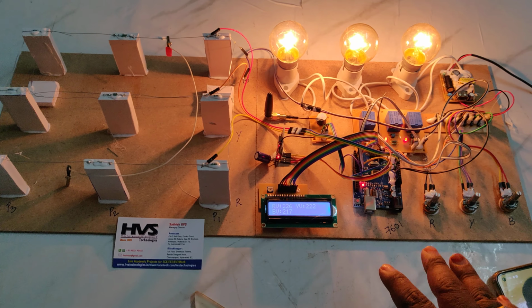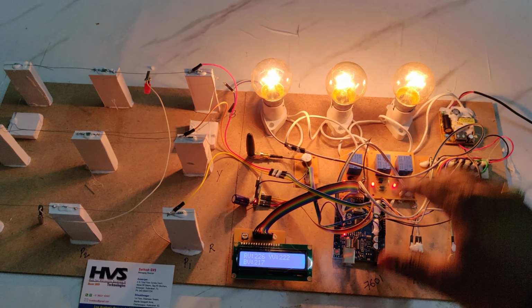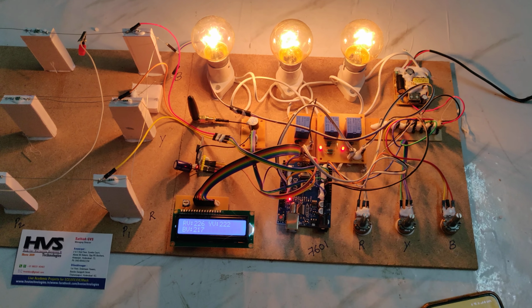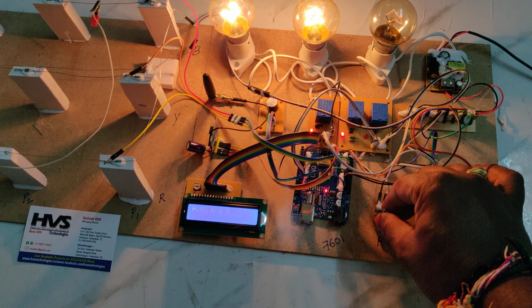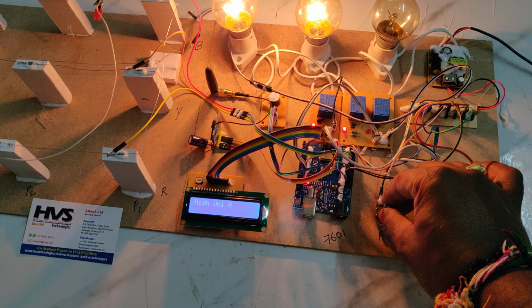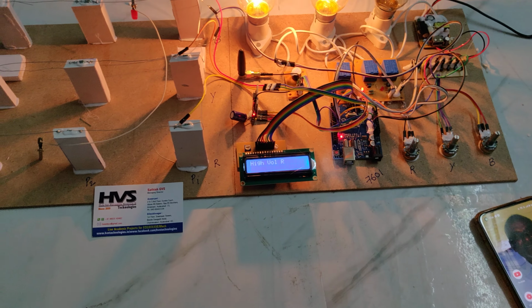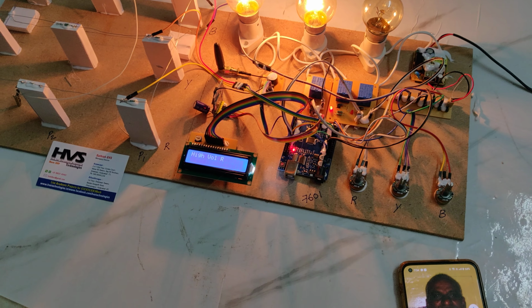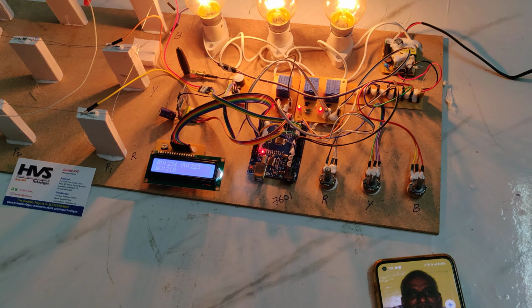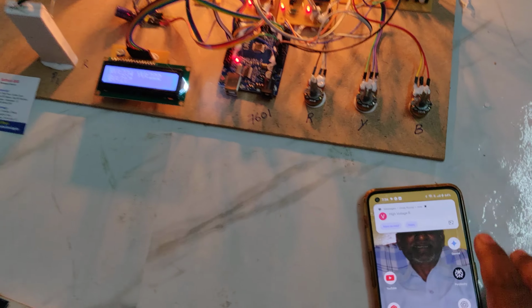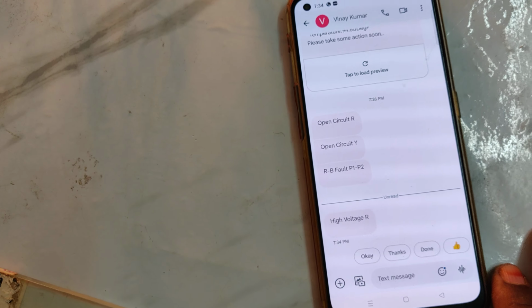Everything initialized properly, then these 3 bulbs got switched on through this relay. Now let us create high voltage alerts and keep it normal again. The respective R phase got switched off, and I got the message also: high voltage.